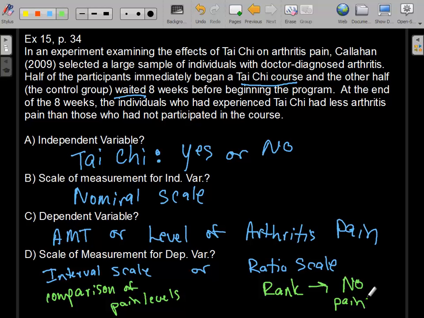If it is discrete, is the scale of measurement nominal or ordinal? If it's continuous, is it an interval scale or a ratio scale? And again, we told the difference between nominal and ordinal by ranking. Ordinal means ranking, and for interval versus ratio scale, we told the difference by looking at the presence of an absolute zero marker, so the lack of whatever value we're measuring. Okay.